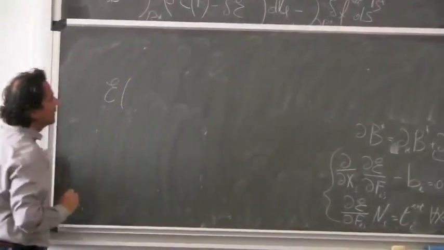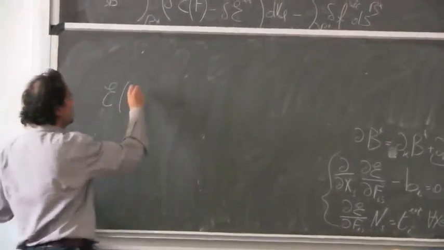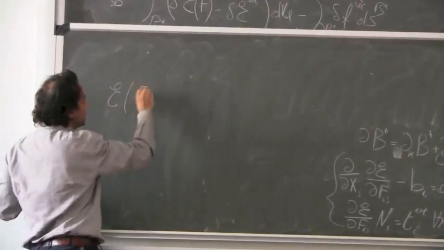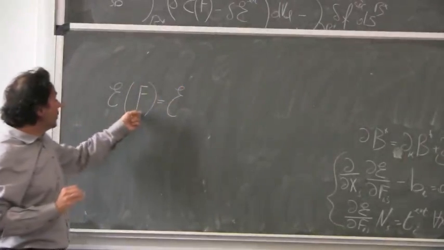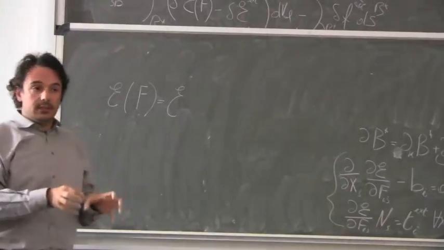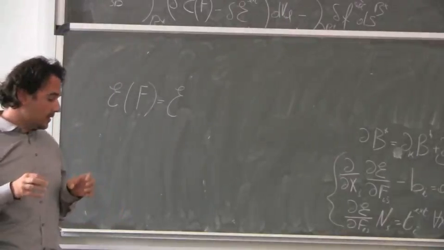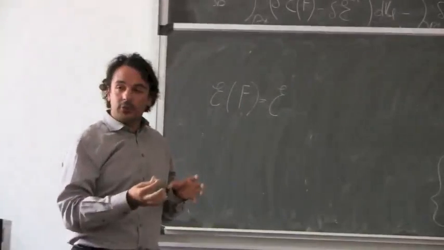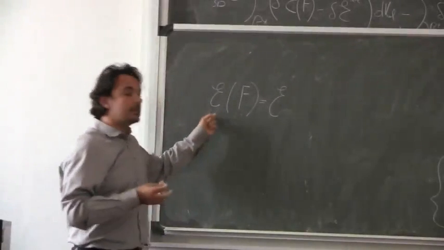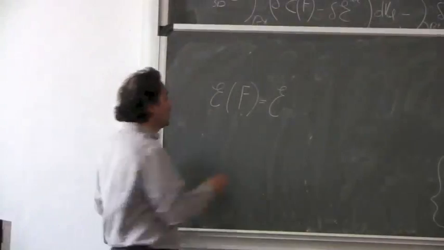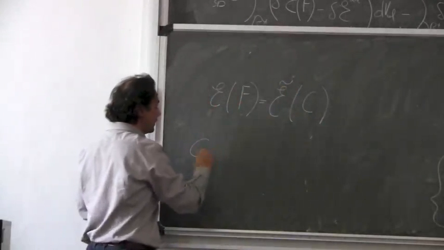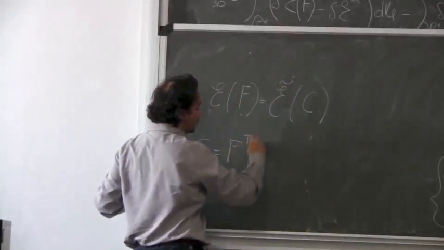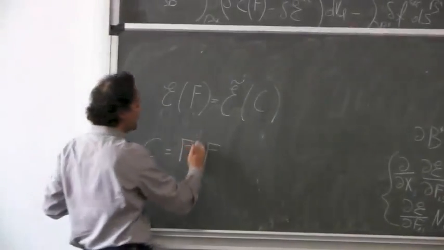The internal energy E, you have seen with Francesco dell'Isola, is a function of F, but in particular, because you have to exclude the fact that a rigid body rotation can influence this internal energy, it is only a function of C, where C is equal to F transpose F.